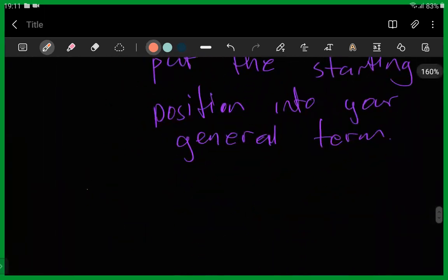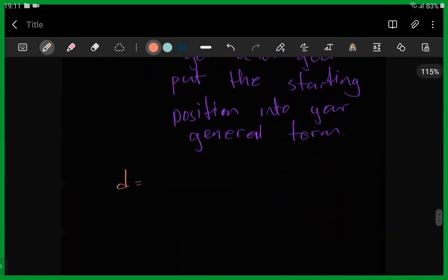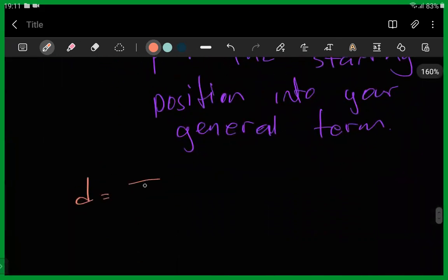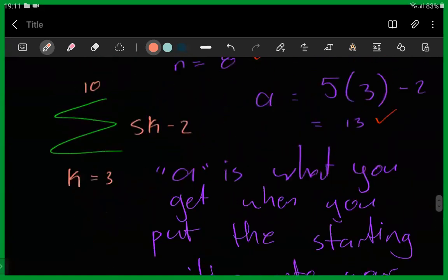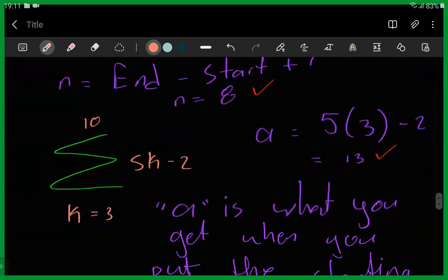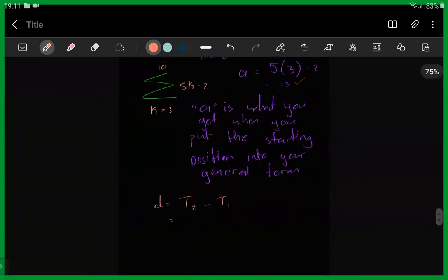It doesn't matter whether it's 2 and 3, 4 and 5, 5 and 6. So here you can even just take D is equal to T2 minus T1. In your general term, you can put a 2 here, and then you can put a 1 afterwards. It's up to you.